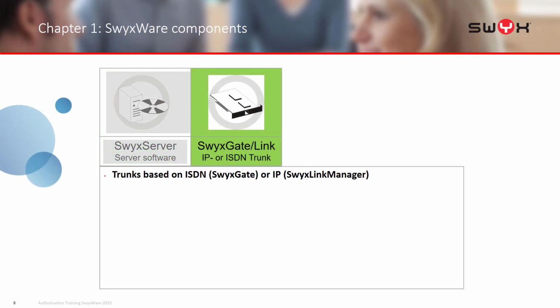Our connection to the outside world to make telephone calls is either via ISDN, for those that want a legacy connection, or SIP trunks. If we're talking ISDN, then the module used is Swyx Gate. If we're talking SIP trunks, then the connection is the Swyx Link Manager. And Swyx Link Manager is also responsible for maintaining the links between multi-site Swyx servers.